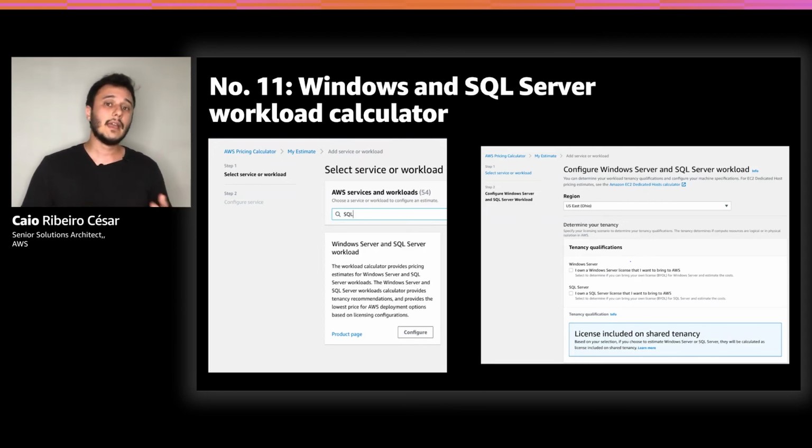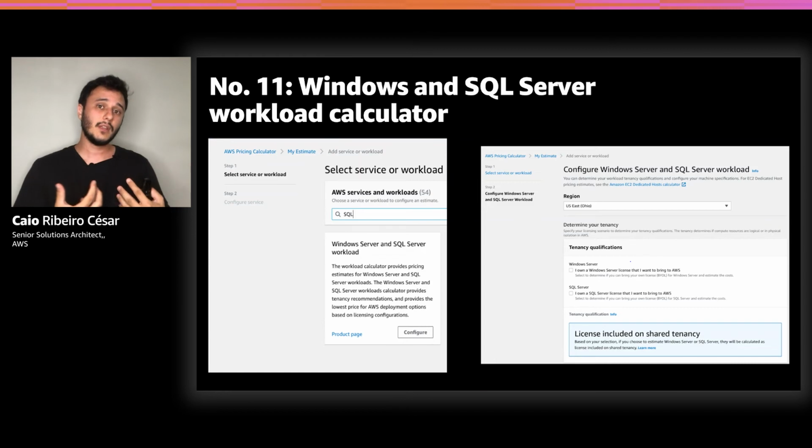So that being said, Amazon Web Services released this year, in December 2020, the SQL Server Calculator 2, which will help customers decide how to bring those environments to Amazon Web Services, which means that it will help you to make those decisions and understand how you could bring those licenses and how you can think about provisioning your environment in Amazon Web Services.